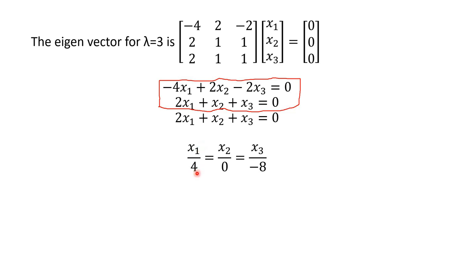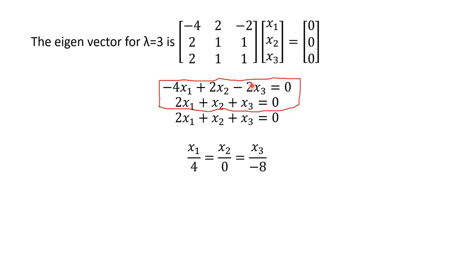So x1 by 4 equals, we have second, minus x2 by, for x2 taking the x1 and x3 columns, minus 4 into 1 is minus 4, minus 2 into minus 2. Minus 4 plus 4 is 0 here. So here 0, and we delete that minus in x2.